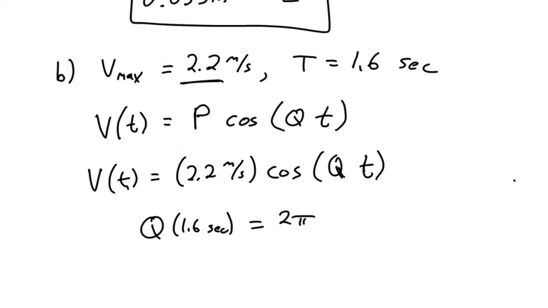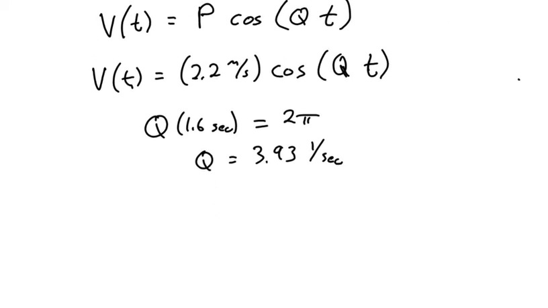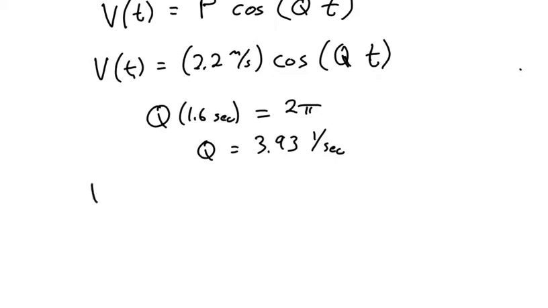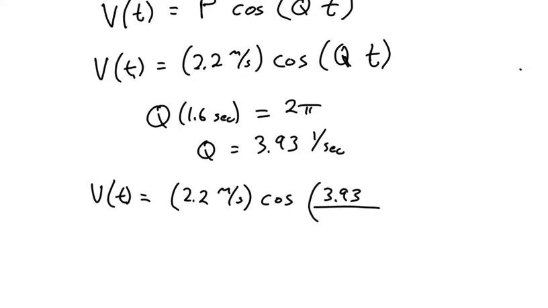And so 2 pi divided by 1.6 gives us our value for q, which is going to be 3.93, and the units on that would be 1 over seconds. So then I can write my velocity function as 2.2 meters per second times the cosine of 3.93 per seconds times t.